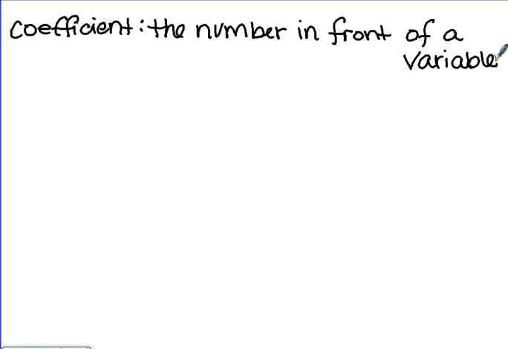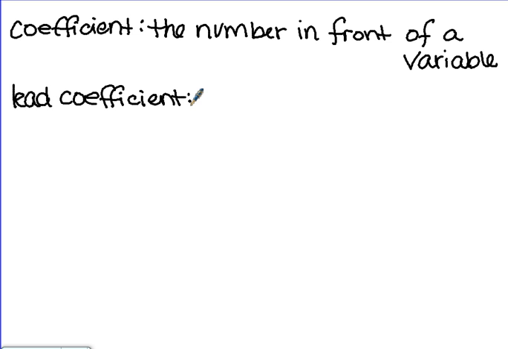So a lead coefficient is one that leads. It's the number in front of the first variable when variables are written in descending order of the powers.